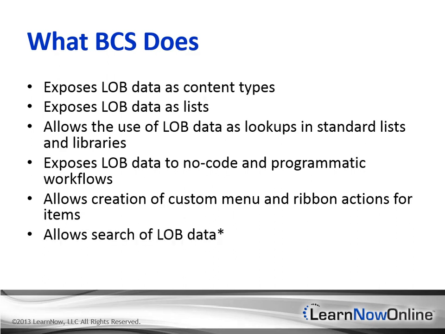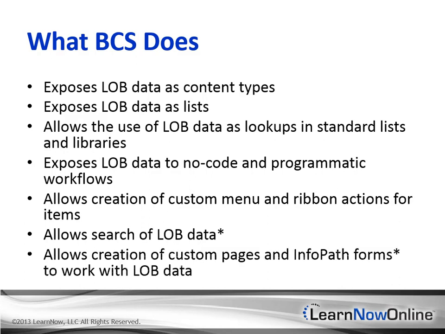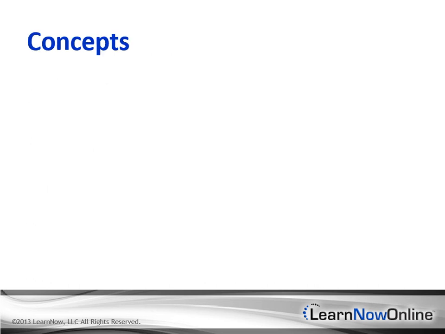We can also include our line of business data in search results. We can have the search engine crawl our data if you're using SharePoint Server. And you can create custom pages and InfoPath forms to work with the line of business data. When you create your external list in SharePoint Designer, there's an option to have it create InfoPath forms, and then you can edit those forms. So quite a lot of functionality.